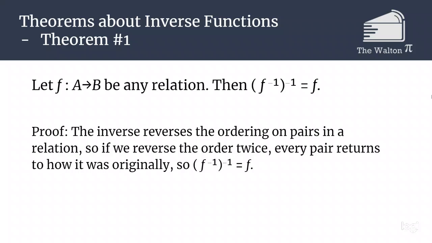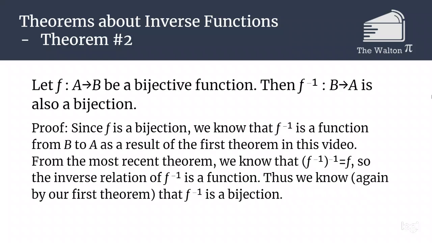From theorem 1, we know that the inverse of f inverse is just f. So that tells us that the inverse relation of f inverse is also a function, which means that going back to our very first theorem of the video, f inverse is going to be a bijection.